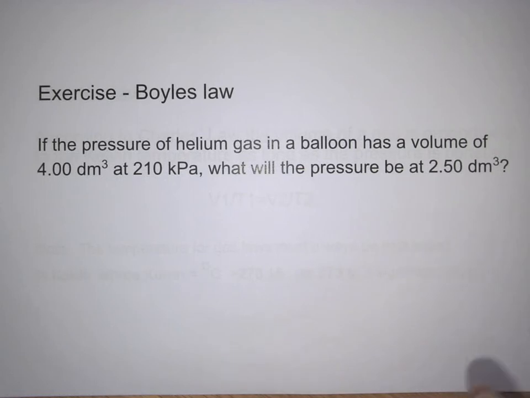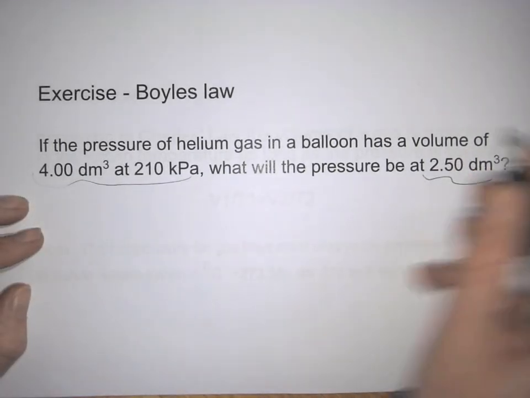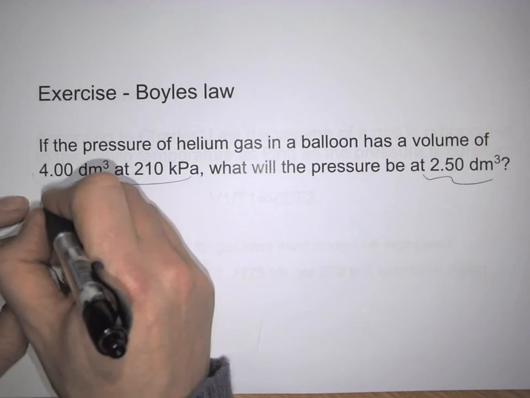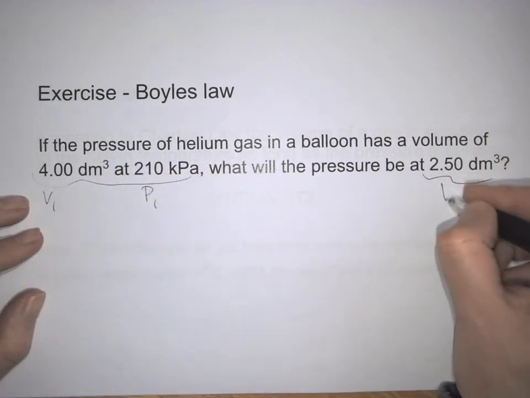So you will actually decrease the volume and you can expect the pressure to be something else. Probably bigger, right? Because if you decrease the volume and you have the same amount of particles, then the pressure will increase. So this is what you have from the beginning, and this is what you have in the end. So this is the V1, and this is the P1, and this is the V2.